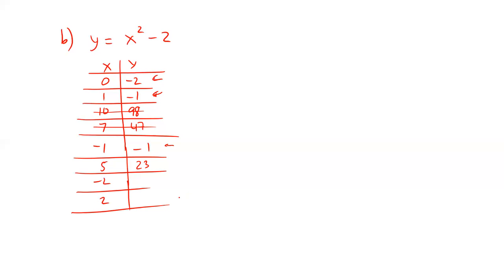Just want to see what happens there. -2 times -2 is 4. 4 minus 2 is 2. And +2, 2 times 2 is 4, 4 minus 2 is 2, and these guys are all the same. I think I have enough. We may even want to do 3 and -3, and if we did that, we'd get 9 minus 2, that's a 7, and a 7. And we also notice this little thing right here.